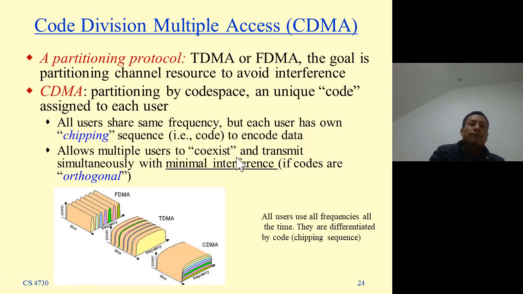Okay, so the benefit is very clear, because when we use TDMA or FDMA, users are only allowed to use that specific frequency or time slot. But in CDMA, you can use all the time and all the frequency. But you just need to figure out some technology to differentiate their signals from each other.